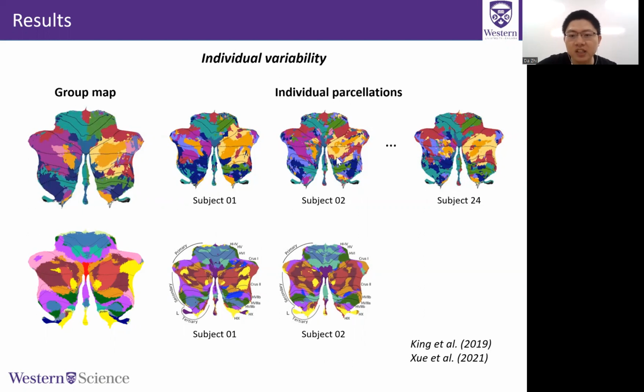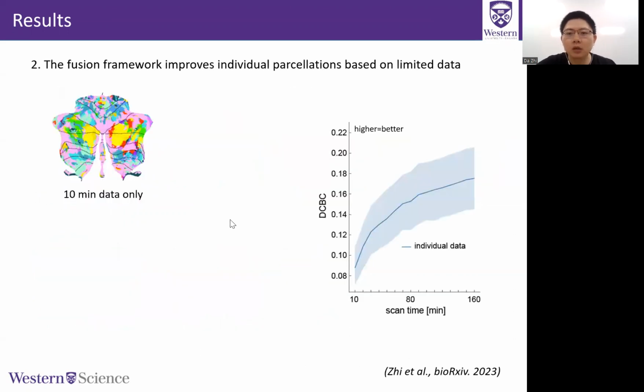If you look at these individual maps, they do preserve some common structures, but the functional regions all look different in terms of the size or the shape for each individual, and the quality of these individual maps also suffers from limited data. So our framework bridges this limitation by optimally integrating the group probability map with the limited individual data.